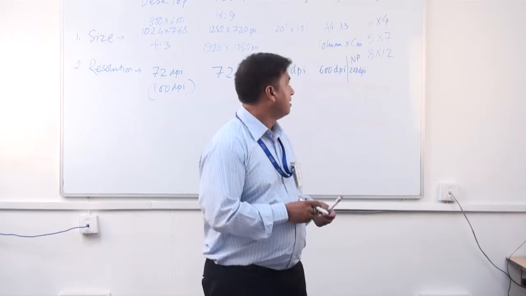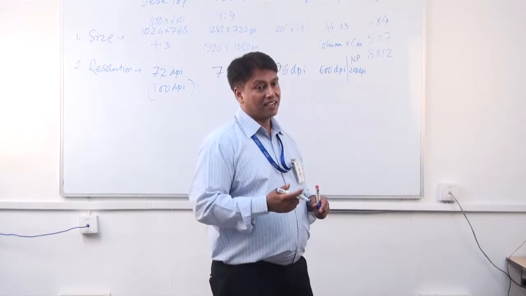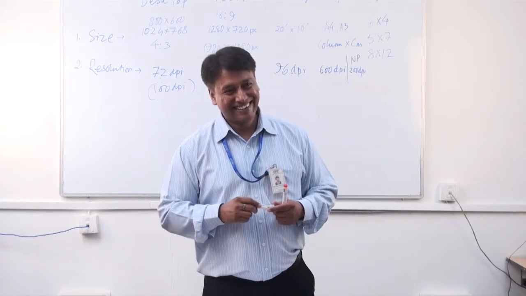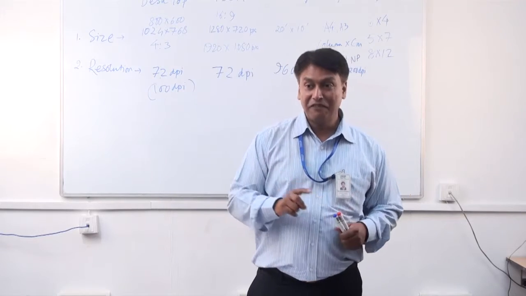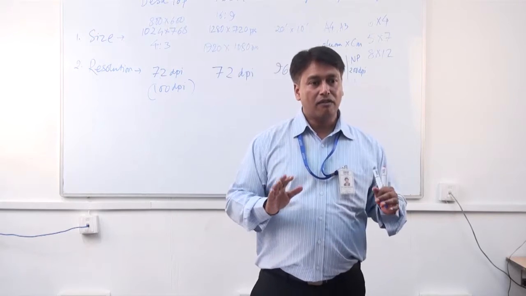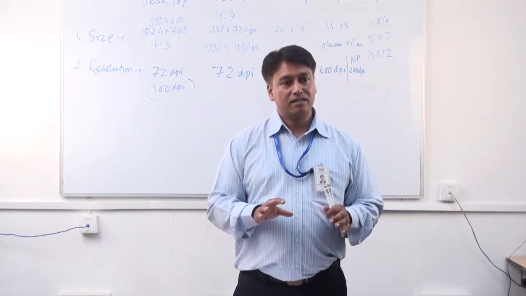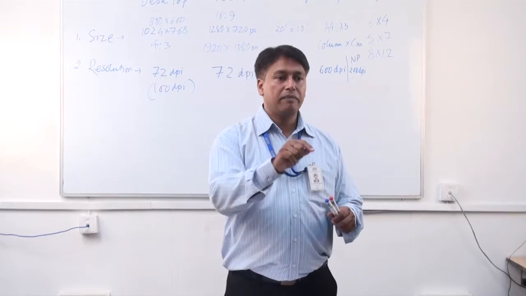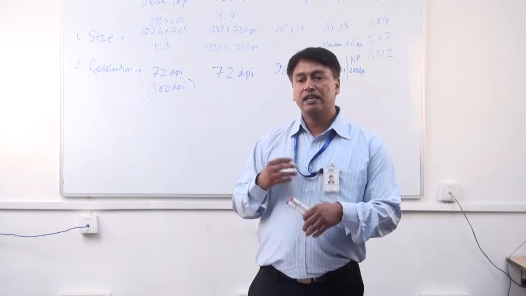Then coming to digital lab. 300, right. But if we talk about how high it can go, normally in our city all the machines are around 500 dpi. But they deliberately keep it at 300 dpi so that they can work faster.